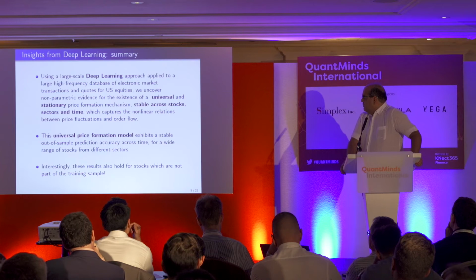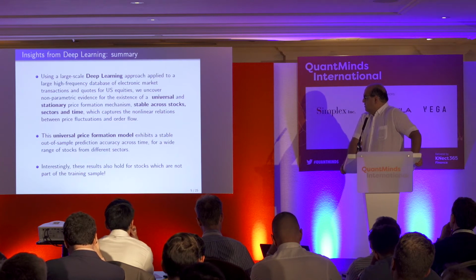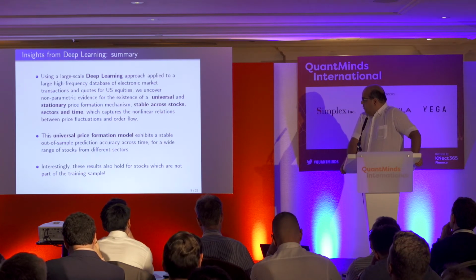In this study, we're going to use a deep learning approach to explore the relation between order flow, order book histories, and price dynamics. To use deep learning, we're going to use a very large data set: a large high frequency database of all electronic market transactions and quotes for US equities on the NASDAQ for 5 years.